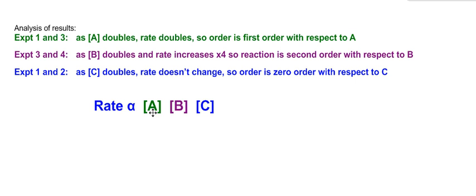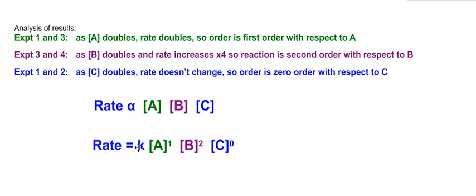But then we look at the concentrations and we put them to the power of their order. So A is first order, so A would be to the power of 1, B second order, so it would be B squared, and C is zero order, so C to the power of 0.